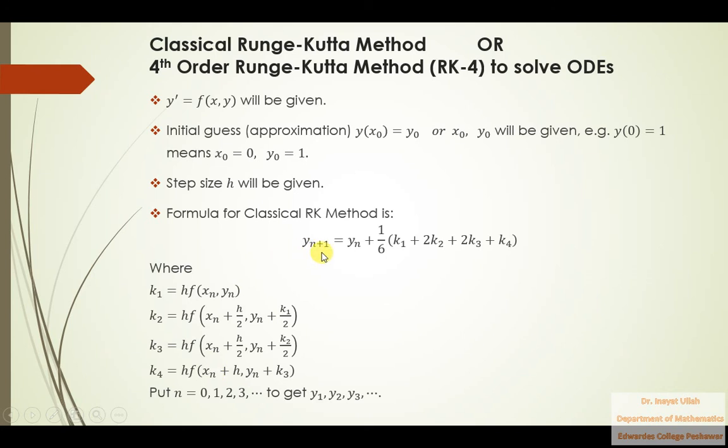And whenever you need to find y3, you need to replace n by 2, and all those xn's and yn's will be replaced by x2 and y2. So that is the methodology for the RK4 method.